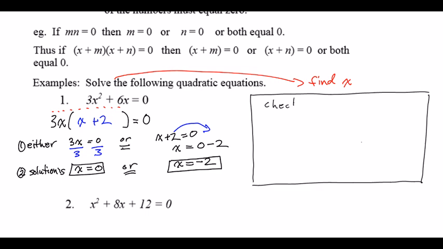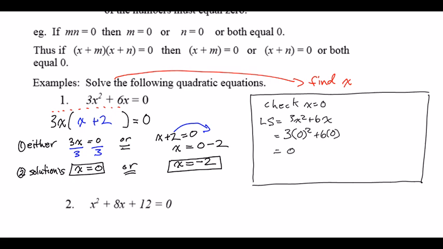So let's check to see if our answer is right. Check x equals 0. We take a look at the left side of the equation and write it down. The left side of the equation is equal to 3x squared plus 6x. Now let's plug x equals 0 into there: 3 times 0 squared plus 6 times 0.